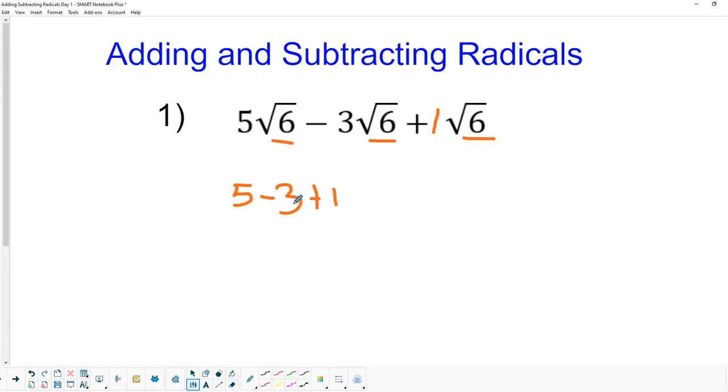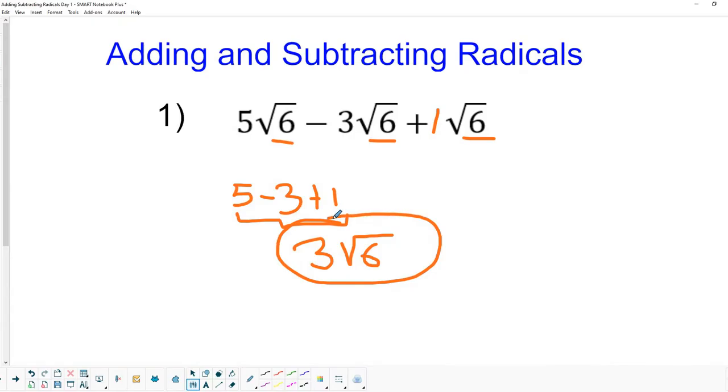So 5 minus 3 is 2, 2 plus 1 is 3, so these total up to be 3, and then our radical is the square root of 6. So that's what that would look like when it's been simplified.